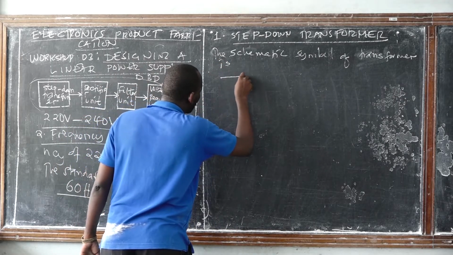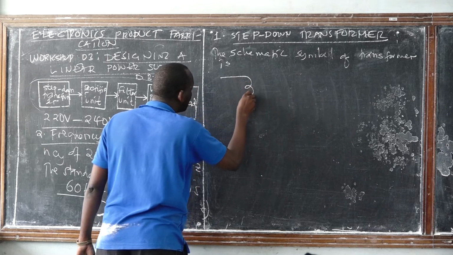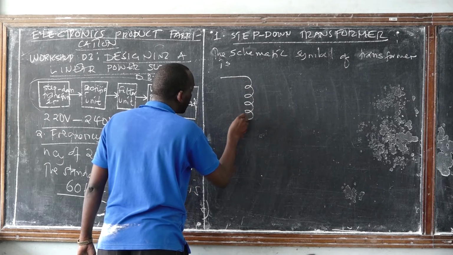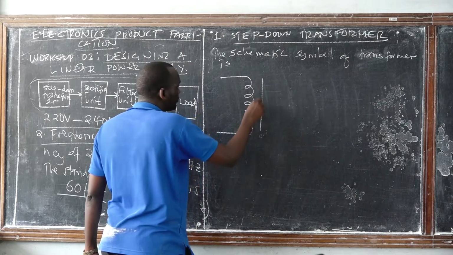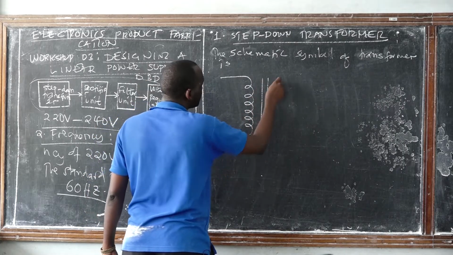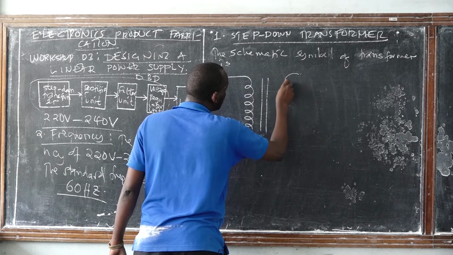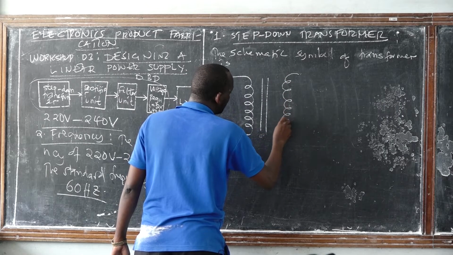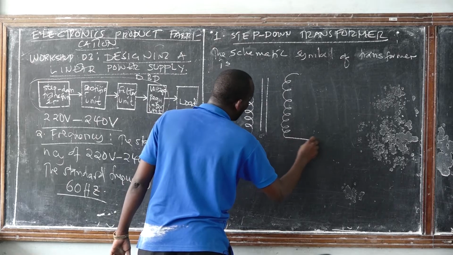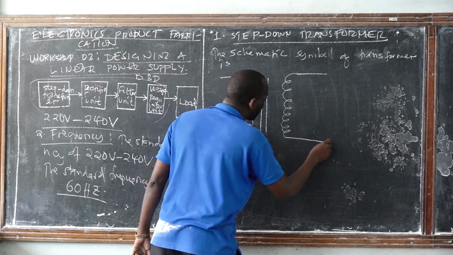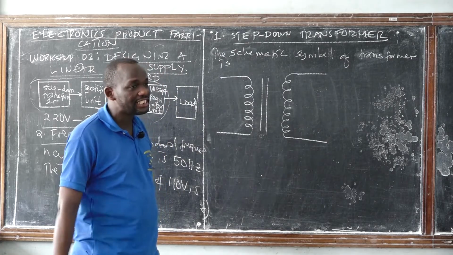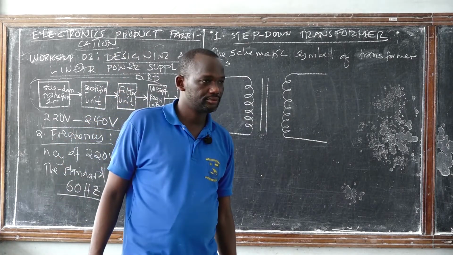It has a primary coil and a secondary coil. Also, we have two types of step down transformer: the non-centered step down transformer and the centered step down transformer.